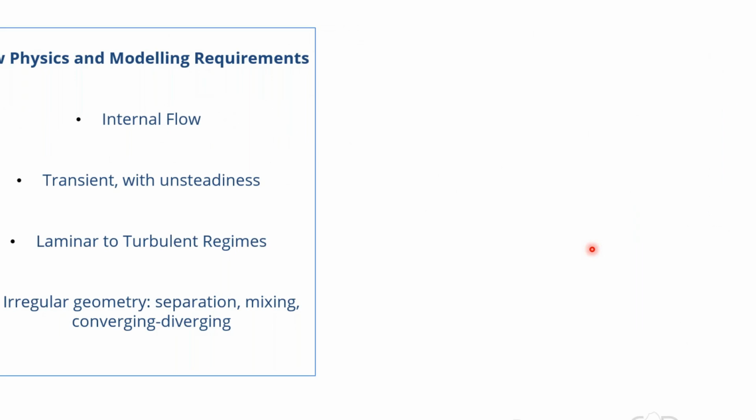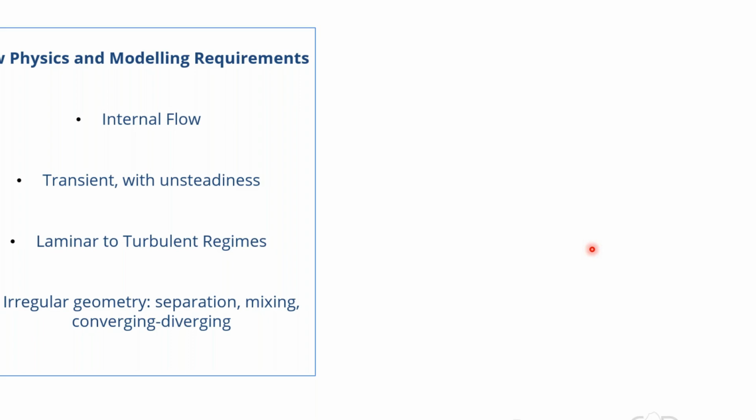When we talk about technical details, we firstly have a look at the flow physics, and from the flow physics then determines the modeling requirements of our work. So if we consider the breathing and airflow that goes through the nasal cavity, it is an internal flow. As we breathe in and then out, we've got this oscillating flow, and therefore it's transient.